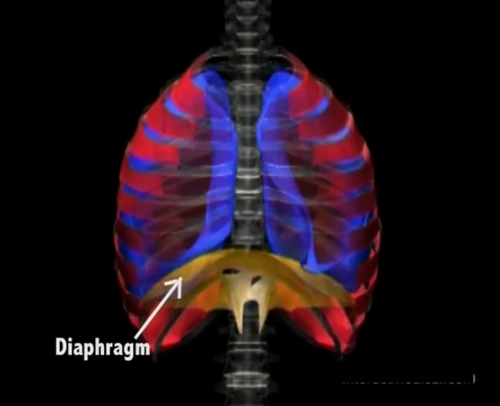In order to understand the mechanism of speech, you have to understand the whole biological process of how the air is manipulated inside our body, particularly in the vocal tract.